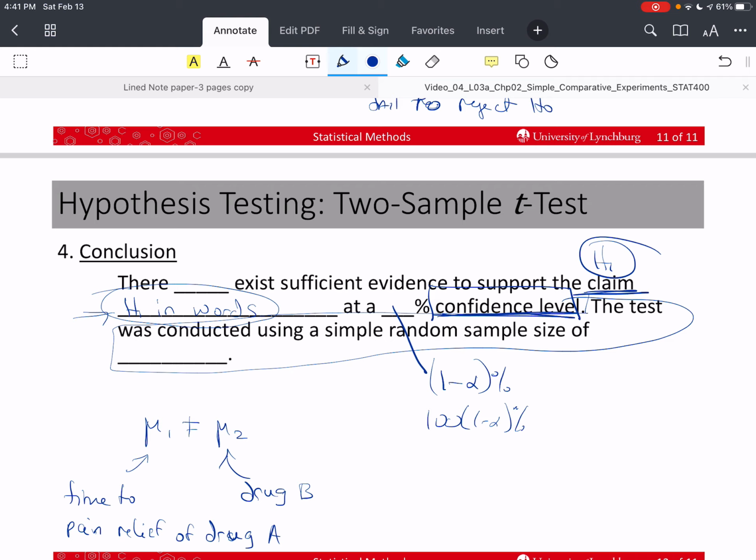Then we want to tell something about the sample size that is informative to the person who's looking at it. Why do I care about the sample size so much? Well, if you do a study and say you're 99.9% confident and you used n equals 5 for your test, that means that your power is probably very low. Okay?